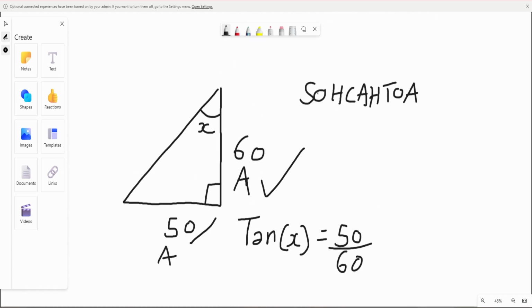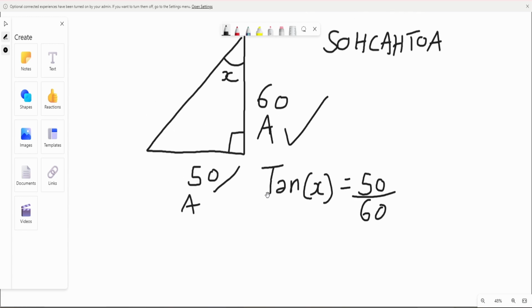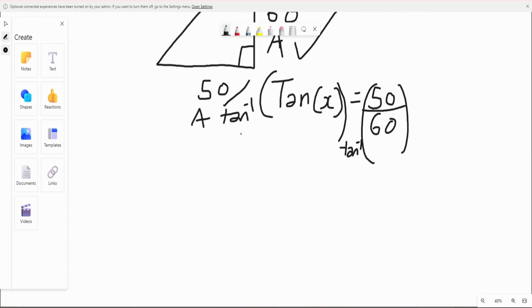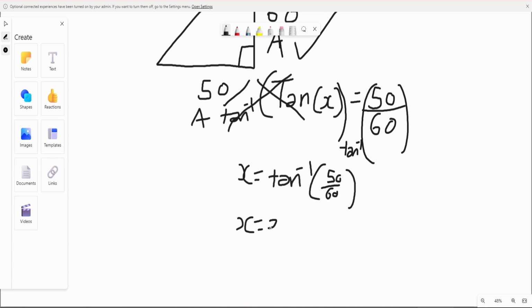So if you had sine of x and you wanted to get rid of that sine to get the x on its own, you would do the sine inverse. So in this case, we inverse tan both sides. The tans cancel out and x remains on its own, but the other tan inverse remains. So x is equal to 39.81 degrees rounded.